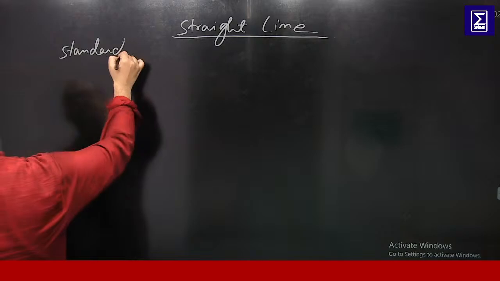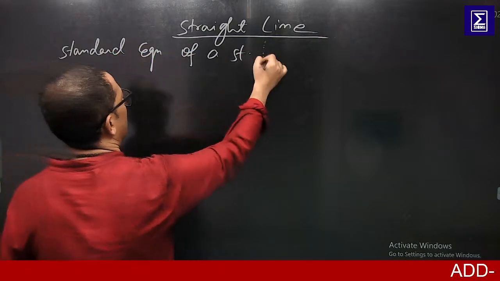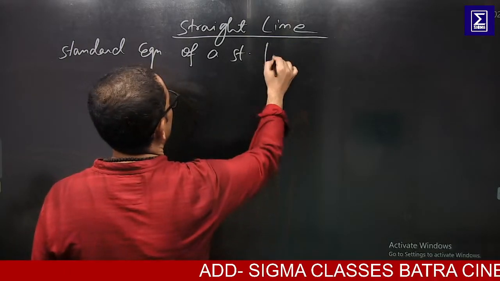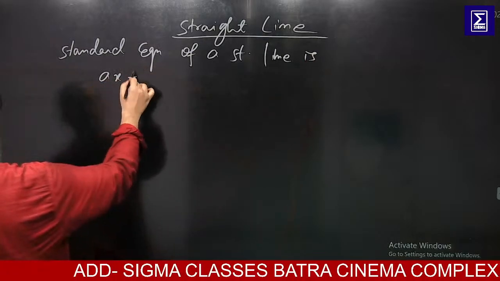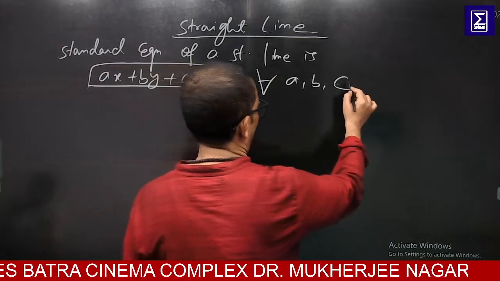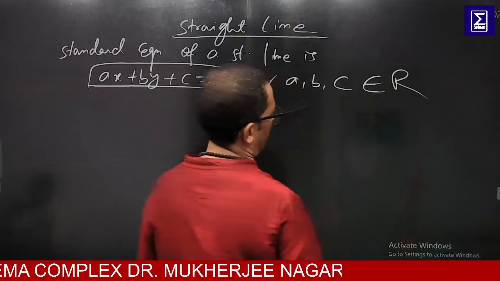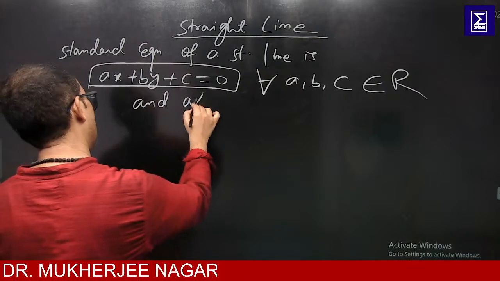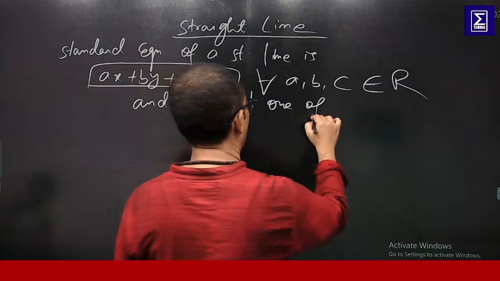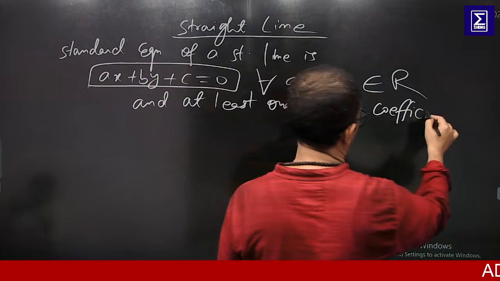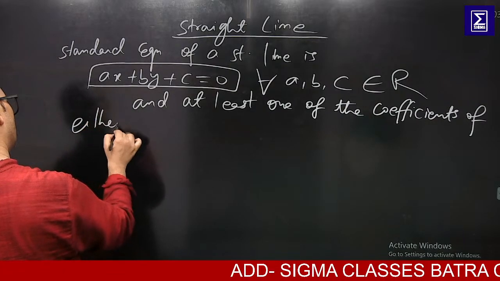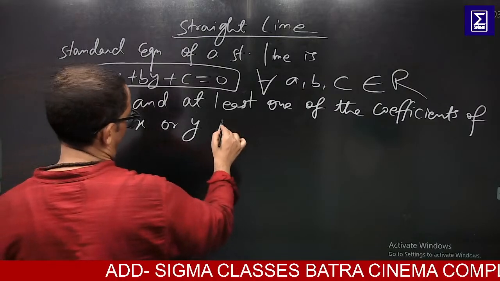The standard equation of a straight line is ax plus by plus c is equal to 0, for all a, b, c belongs to R, real numbers, and at least one of the coefficients of either x or y is non-zero.